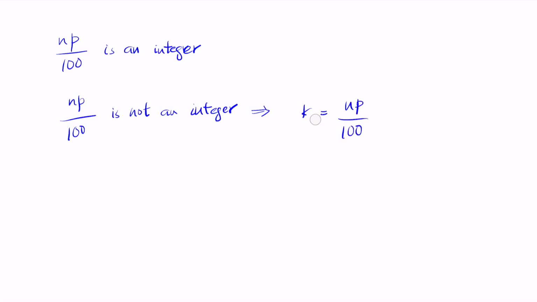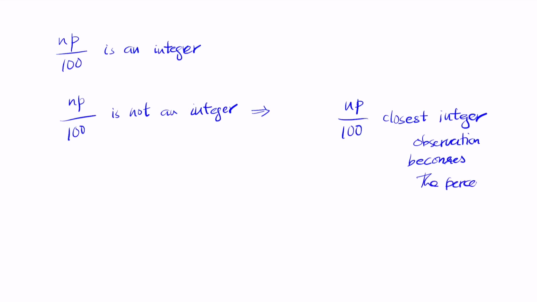We take this value and write it as the closest integer, and the closest integer's observation becomes the percentile.